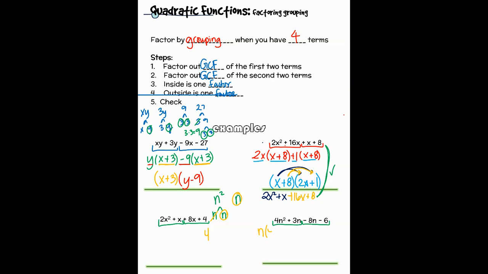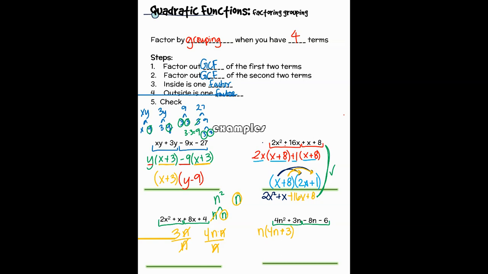I'm taking that first term, 4n squared, and dividing it by that n that I've pulled out, because remember, we're just figuring out what will multiply to get something. So the opposite of that is dividing. Remember this 4n squared is really 4 times n times n, and when I divide, I get rid of that one variable. So 4n. Then over here, I've got 3n divided by that n. Well, that n marks out that n, so I'm just left with positive 3.